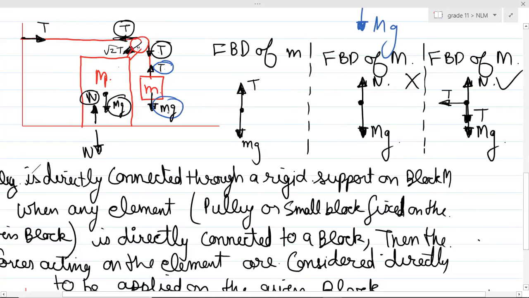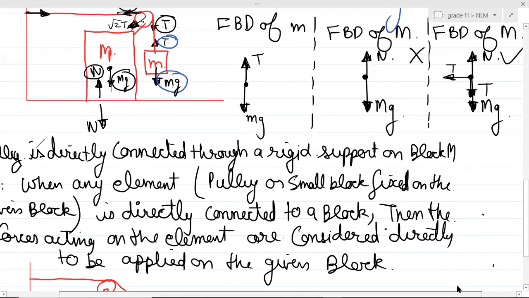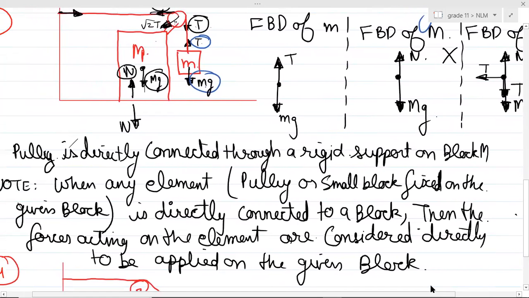So can you see this T and this mg is acting on small m, but all the ones with black are acting on the capital M. Is this clear? Any doubt? Did you write down this note?